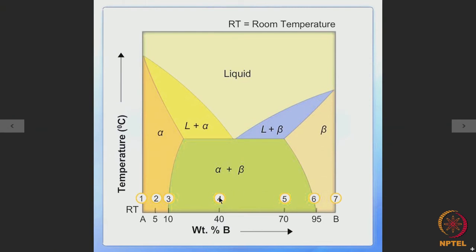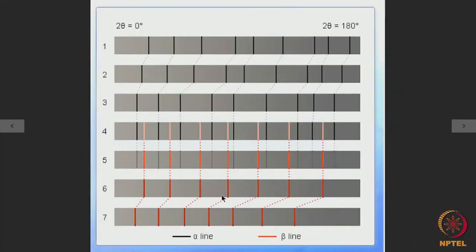So naturally, the diffraction pattern of alloy 5 will show stronger lines of beta, and this one will show weaker lines of beta, because in the alpha beta mixture, the amount of beta will be much higher than over here. So the beta lines will be much stronger here than over here, and this is what we see here.